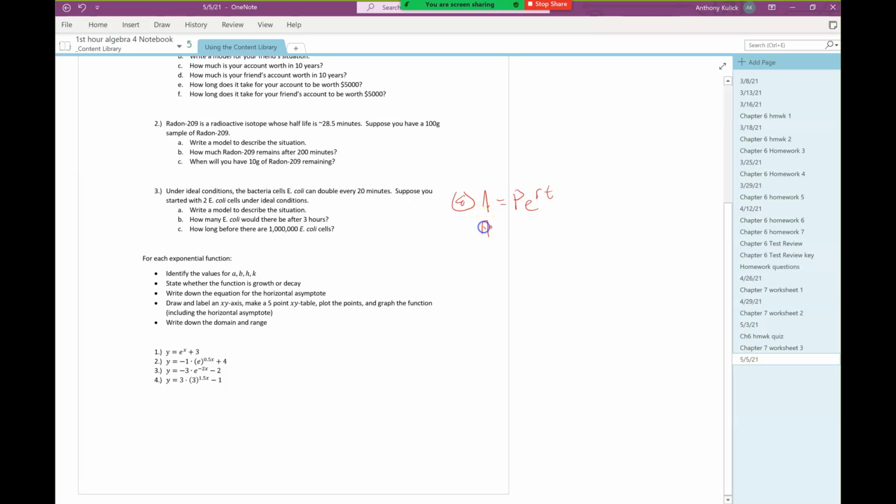So the initial amount of cells, did I tell you? Oh, 2. There it is. And then e, and the value for r here is going to be, if it's double, 2.